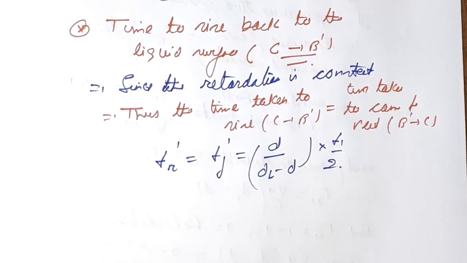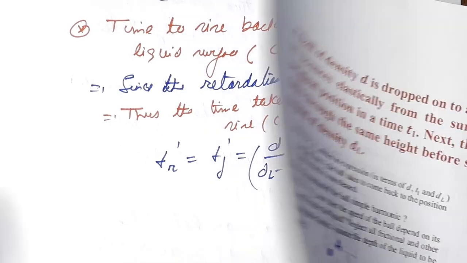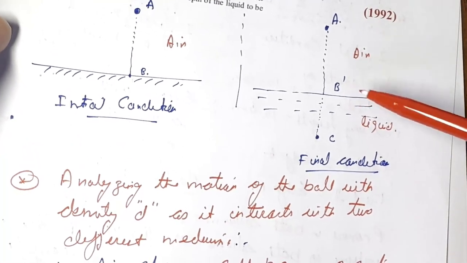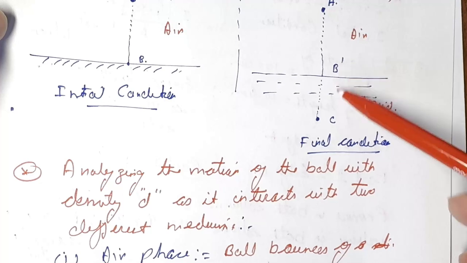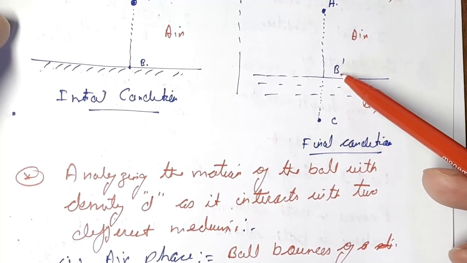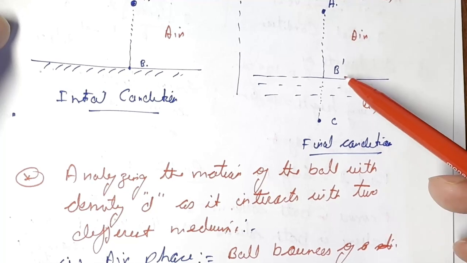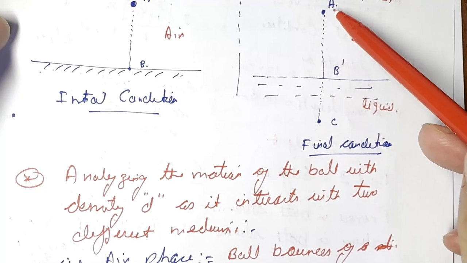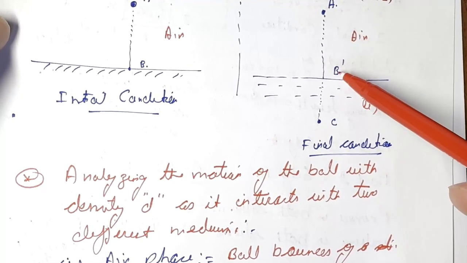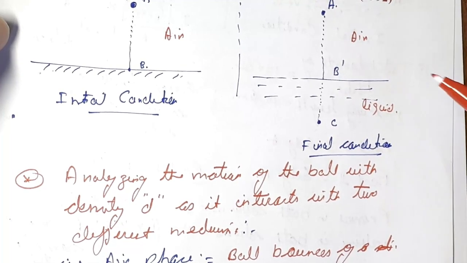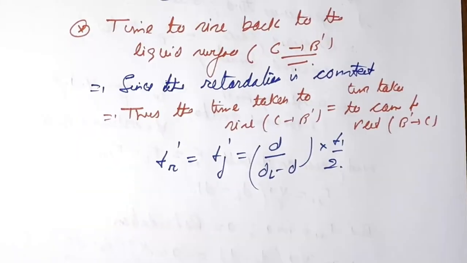Now finally we got all the times. We found out the time inside the air from A to B prime, the time from B prime to C, and we also found that the time taken from C to B prime will be the same as the time from B prime to C, and obviously the time taken from B prime to A. So the total time for the entire journey, from A to B prime to C, C to B prime and back to the starting point A, is given as T2.